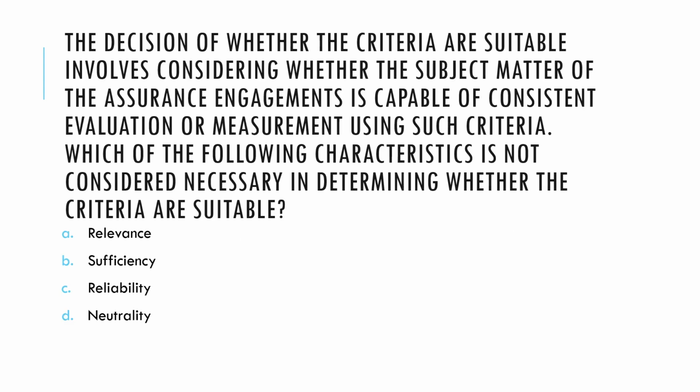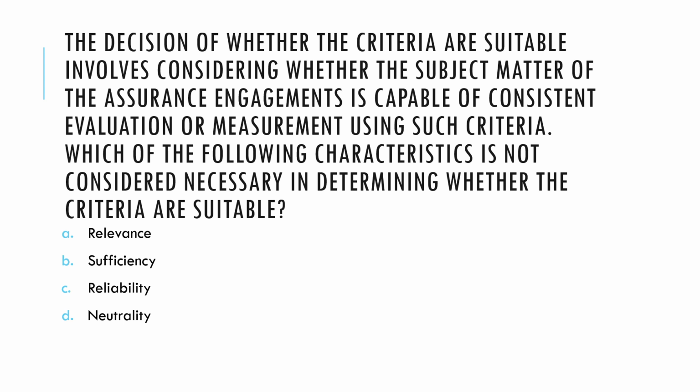Next, the decision of whether the criteria are suitable involves considering whether the subject matter of the assurance engagement is capable of consistent evaluation or measurement using such criteria. Which of the following characteristics is not considered necessary in determining whether the criteria are suitable? When we talk about the suitability of the criteria, we recall the mnemonic RUNCR, because RUNCR includes the characteristics of suitable criteria.